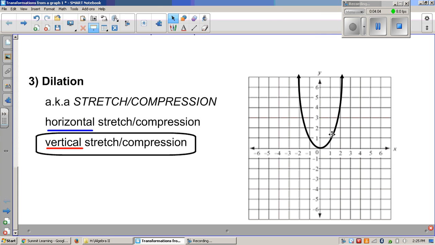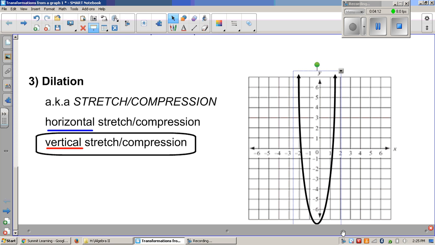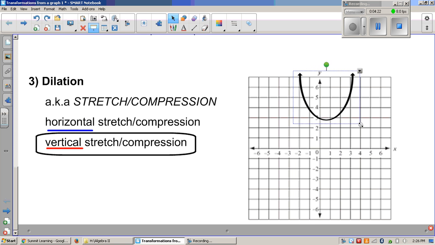So if I were to take this first function, this first parabola, and stretch it, pull it down this way, that would be a vertical stretch. Or if I took it, actually let me go back to the original, and I compressed it, like moved it up, that's a vertical compression.